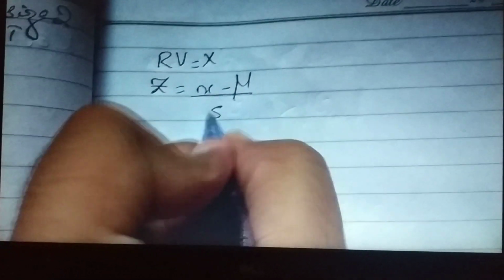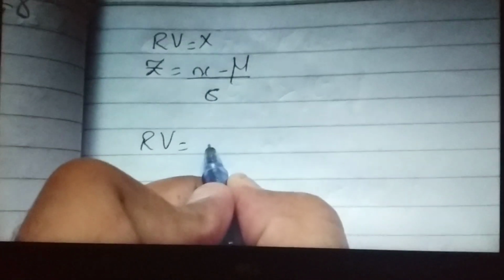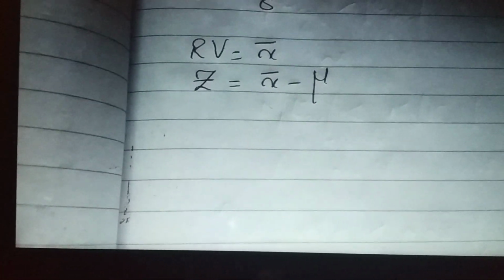When we talk about normal distribution, the random variable was x, and the formula for z equals x minus mu divided by sigma. But when we are talking about sampling, the random variable changes to x bar and the formula for z changes to x bar minus mu x bar divided by sigma x bar.